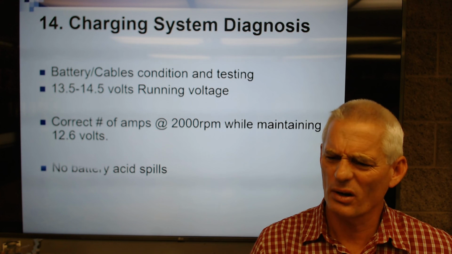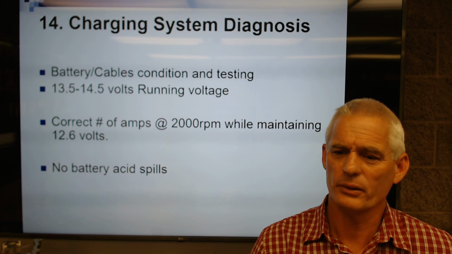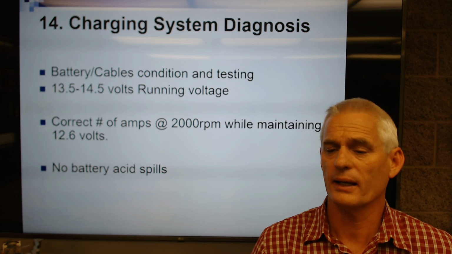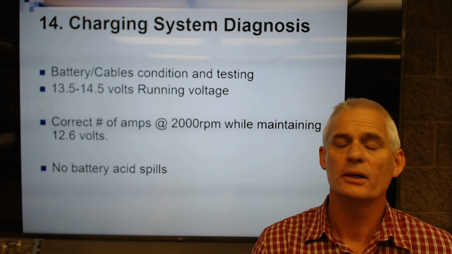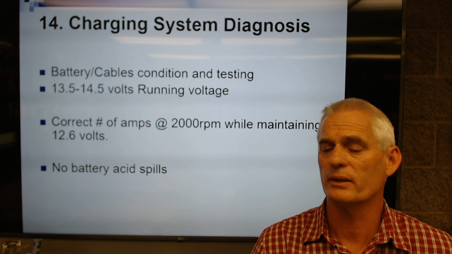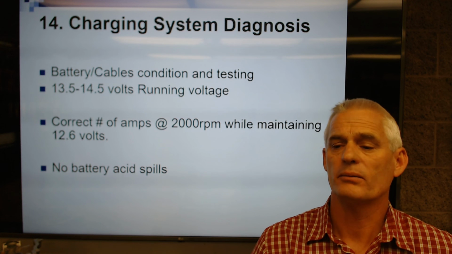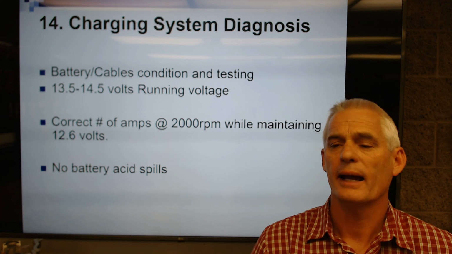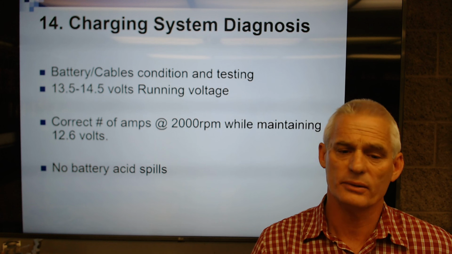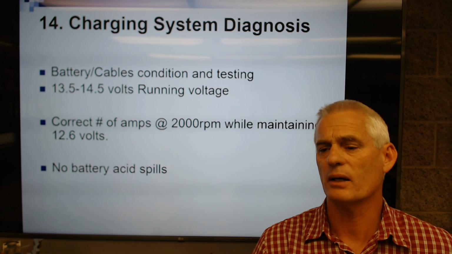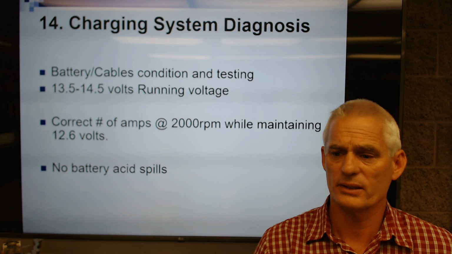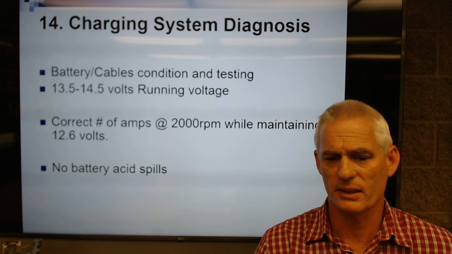Most modern cars will not allow you to do an alternator output test anymore, but they have a specification. They say start the car, run it at this RPM, turn on the high beam headlights, turn on the AC system, and then measure the current flow out of the alternator or at the battery. We can do that with that 600 amp inductive clamp that we used in conjunction with our voltmeter yesterday when we were doing starting system testing.